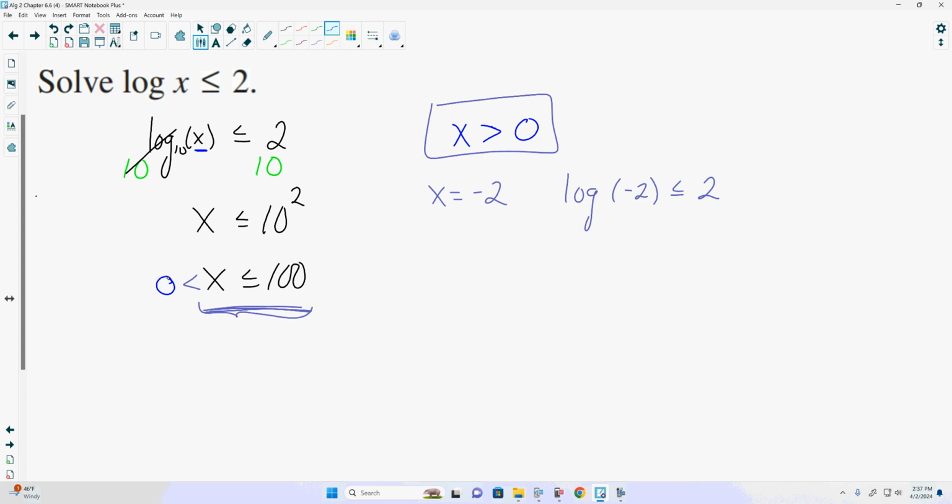We have to add that back in. We have to remove those solutions like negative 2 from the solution set, because we can't have negatives or zeros. Whatever's going to make the inside of our logarithm be 0. So our actual final answer is 0 is less than x is less than or equal to 100.